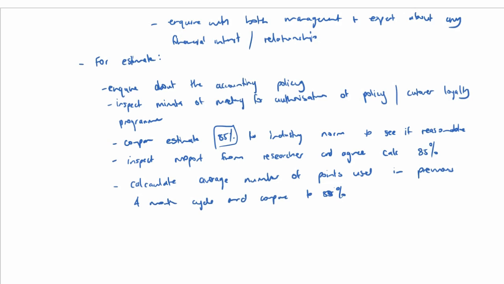When it comes to an estimate, we could look at any subsequent events. So I can go and inspect the number used post year end to compare to the 85% usage rate or estimate.